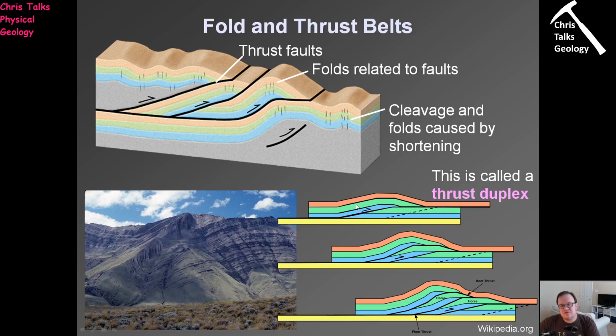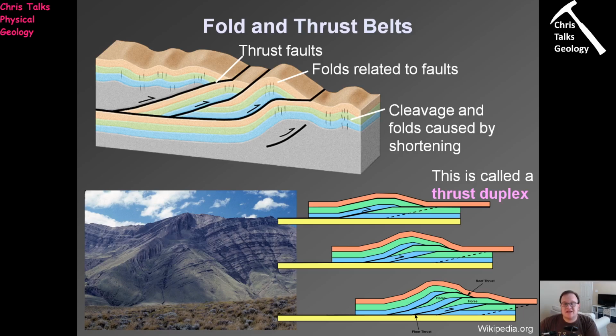You take this package of rocks here and you push it over this package of rocks, you've essentially doubled the thickness of the sequence, haven't you? Tripled the sequence thickness, quadrupled the sequence thickness, and so on. Every time you keep pushing another package of rocks over the top of a previous package due to thrusting, you've essentially thickened up the sequence. Now, if you do that enough, what are you going to end up with? Well, you're going to end up with a mountain range, aren't you?